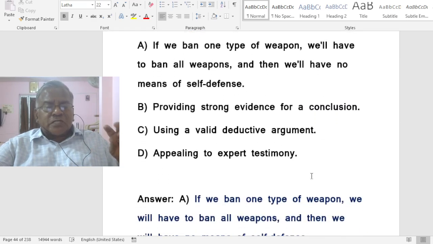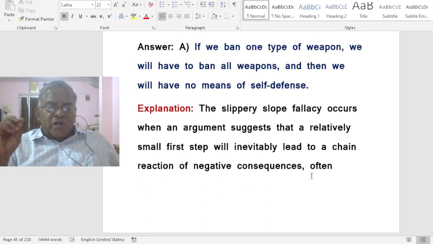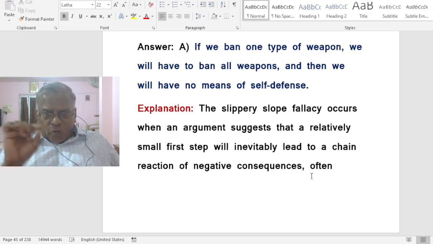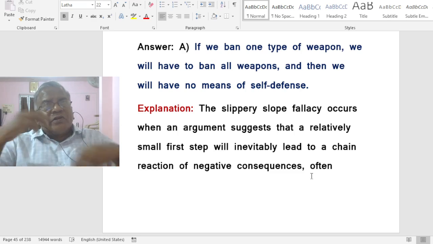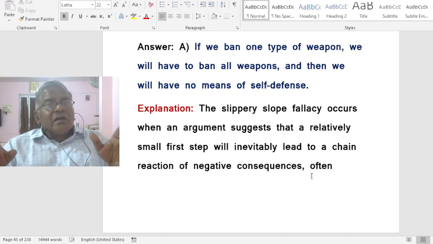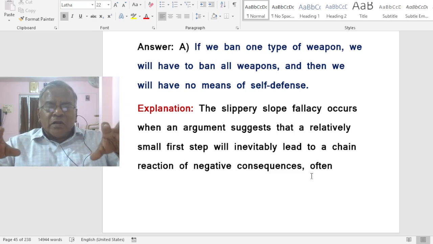What do you mean by slippery slope fallacy? The slippery slope fallacy occurs when an argument suggests that a relatively small first step inevitably leads to a chain of reactions of negative consequences. One type of weapon is banned, yes, and then you say this type of weapon is banned, then all types of weapons are banned, then you will not have any weapon to safeguard yourself.